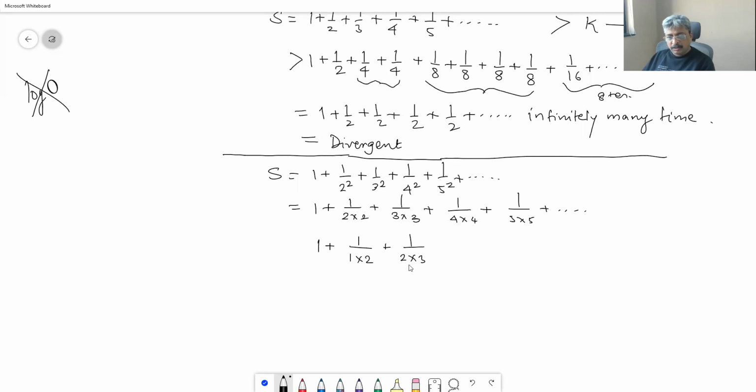Denominator is smaller, fraction is bigger. So I should write the inequality like this. This quantity will be less than 1 plus 1 upon 1 into 2 plus 1 upon 2 into 3 plus 1 upon 3 into 4 plus 1 upon 4 into 5 plus dot dot, correct?